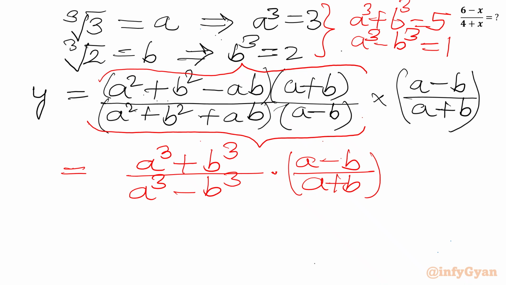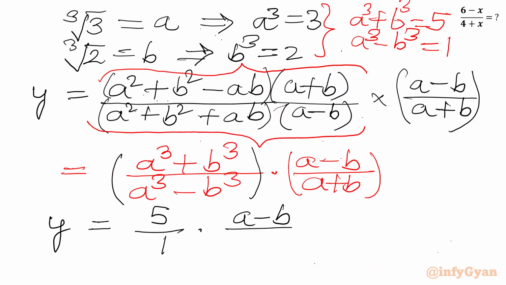So I can write here the value of y is 5 over 1 times (a minus b) over (a plus b), or I can divide both sides by 5 and write y over 5 equal to (a minus b) over (a plus b).